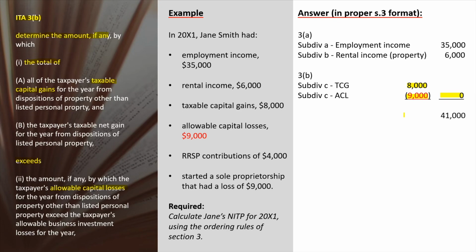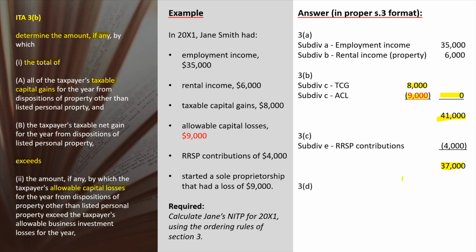Let's continue on. We can subtotal all of these items. It's 41,000. And then in 3C, we see what our subdivision E deductions are. The subtotal from 3A and 3B, which was 41,000, exceeds the subdivision E deductions by $37,000.